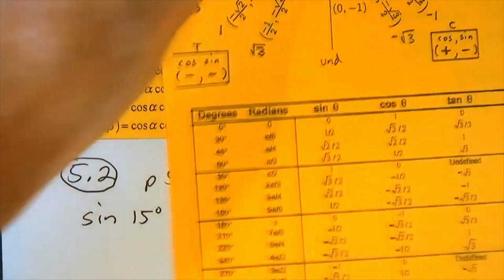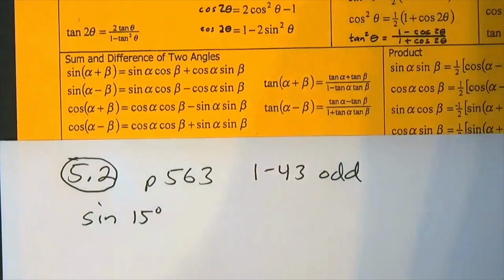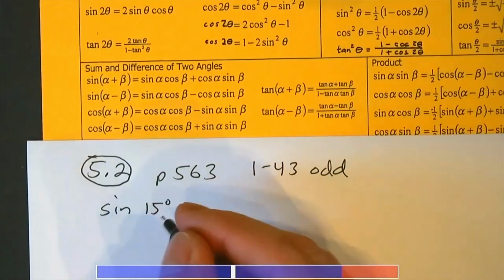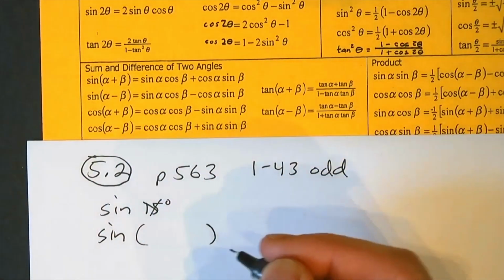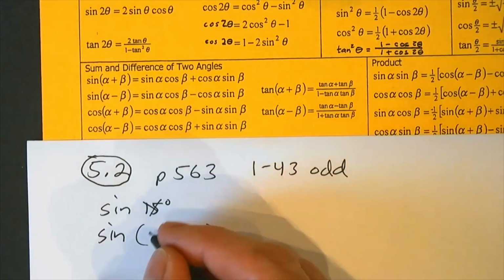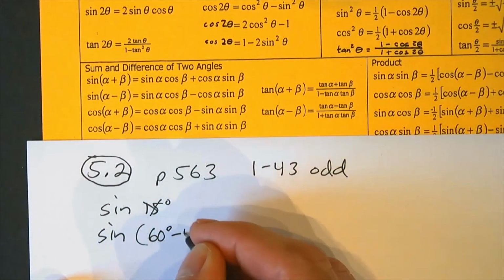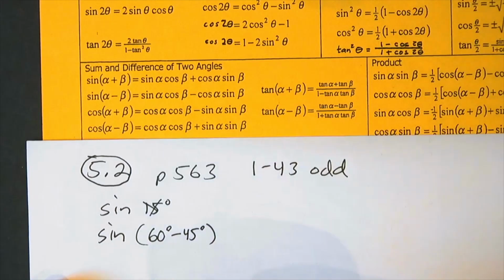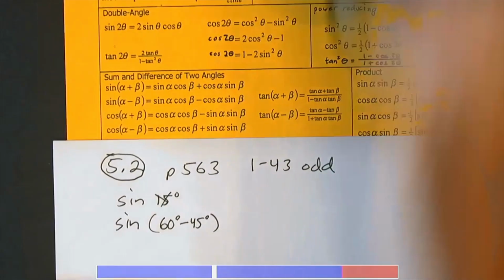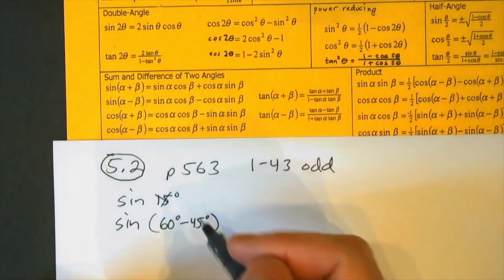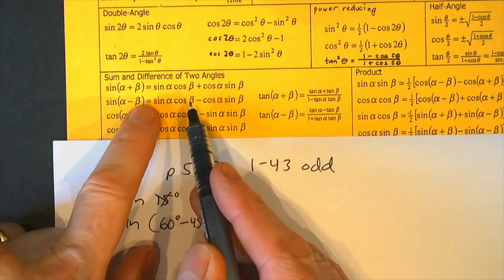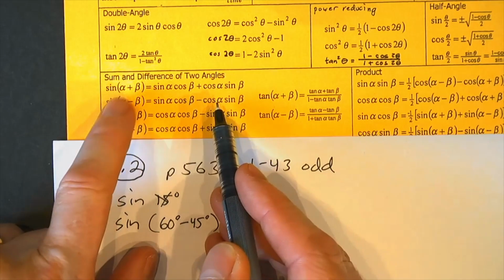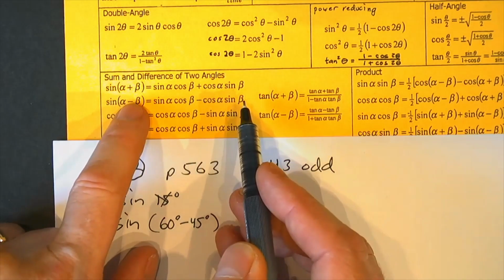But what you could do is say, the sine of 15, how about I change this to something on my list? 15 is like 60 degrees minus 45 degrees. That's true. Then you'd match up to one of these rules. You take the sine of the first one, cosine of the second one, subtract cosine of the first one, that's alpha, sine of the second one.